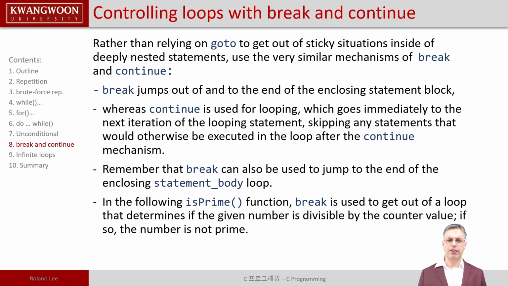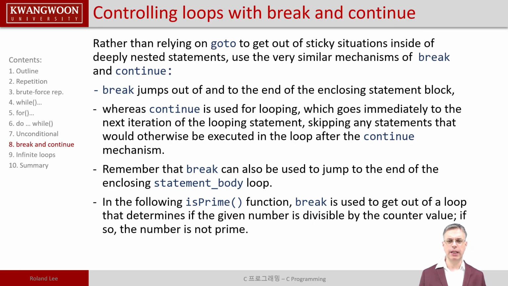We have previously encountered the use of break in a switch statement, where break caused the execution to resume immediately after the switch statement block, and break can also be used to jump to the end of the enclosing statement body loop.